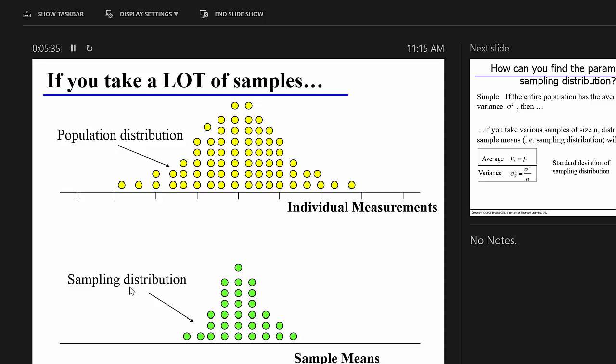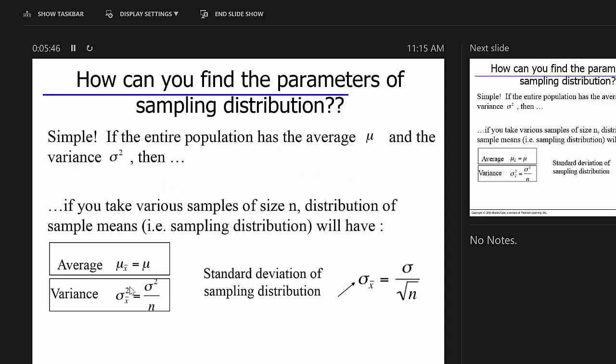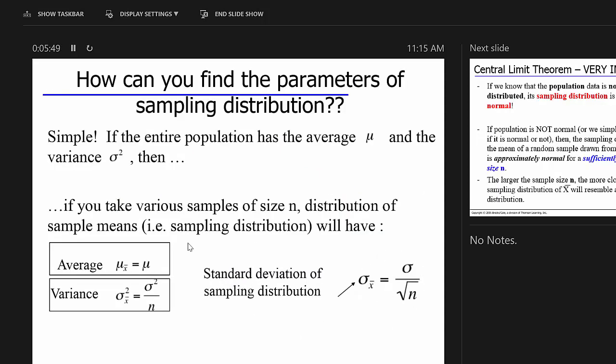As you create your sampling distribution from your population distribution, it's going to look more concentrated around the mean, reflecting the fact that variance is getting smaller, and therefore standard deviation is getting smaller, because standard deviation is linked with variance. The formula says that the standard deviation for the sampling distribution is smaller by the factor of square root of n, where n is your sample size, how many items you have per sample.